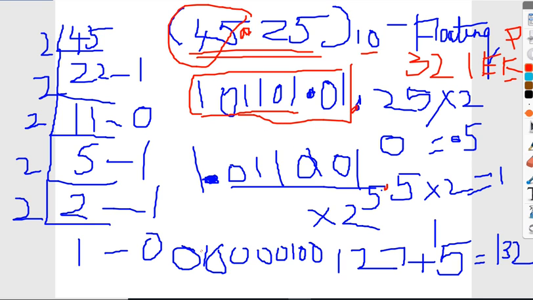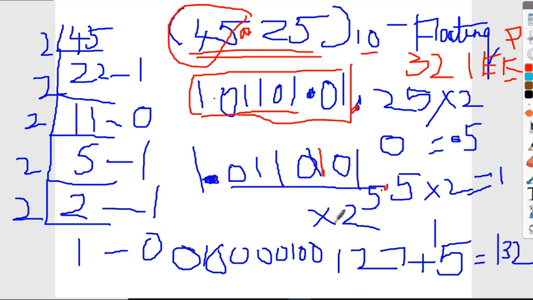Now first, this decimal point we want to shift only up to one digit. That means here. So how many bits are you shifting? 1 2 3 4 5. So 5 bits I'm shifting here. So the remaining I'll write as 0 1 1 0 1 0 1.